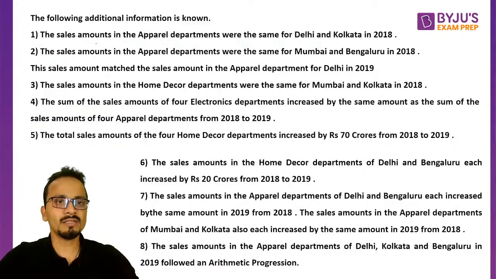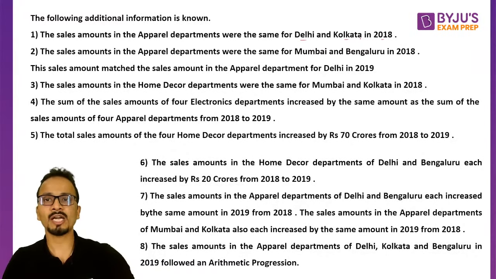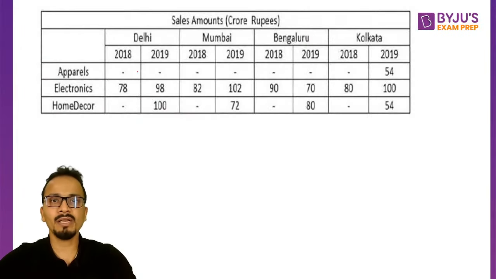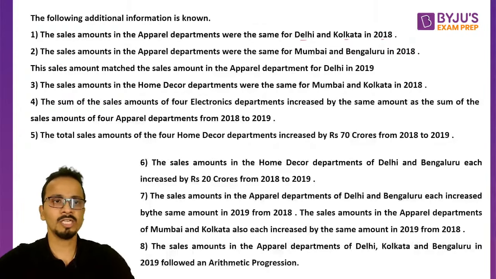Now, statement number 1: the sales amounts in the apparel department were same for Delhi and Kolkata in 2018. So, apparel, Delhi, Kolkata 2018 are equal. So, I'll write the values A and A. Okay. So, I'll be putting on some variables. So, this was statement number 1, which is over.